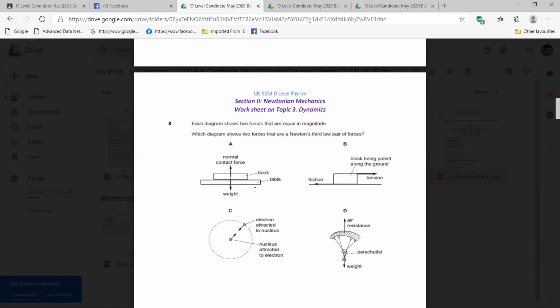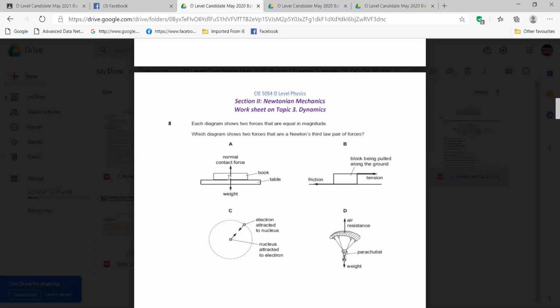Here you see, they showed the table, but it's not the weight of the table, right? They are showing the weight of the book, and the normal contact force is also working on the book, right? That's why it will be related to the first law.